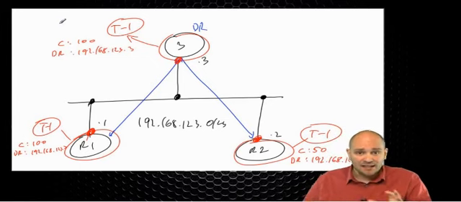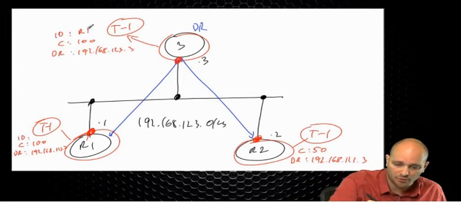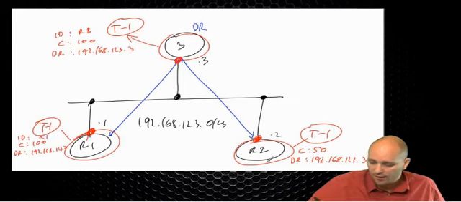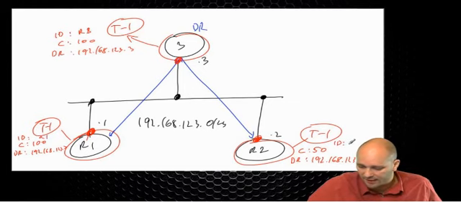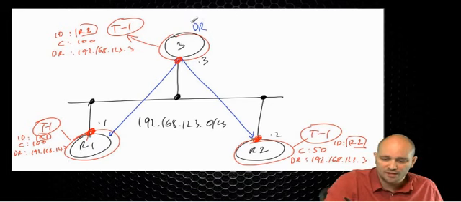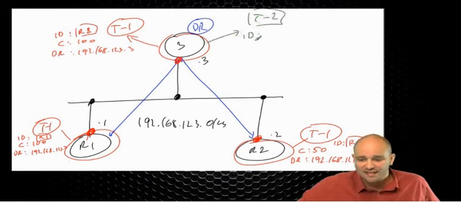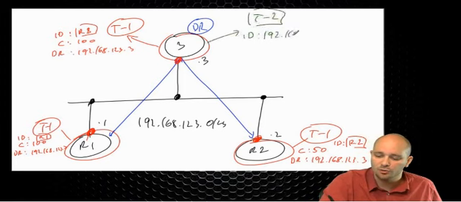Now, the important thing to note here is that every LSA in the database has an identifier. The identifier for type 1 LSA is actually going to be the router ID. So this is going to be R1, and here we're going to have that the link state ID here is R2, whatever that value might be, and this is R3. Now, because this router is the DR, it is actually going to generate a type 2 LSA as well. Now, the ID of this LSA is actually going to be the DR's IP address.